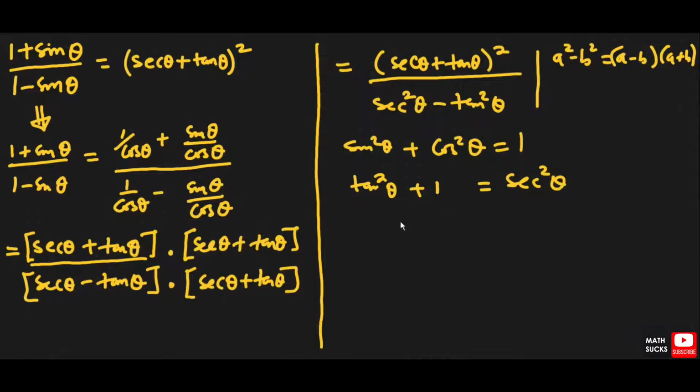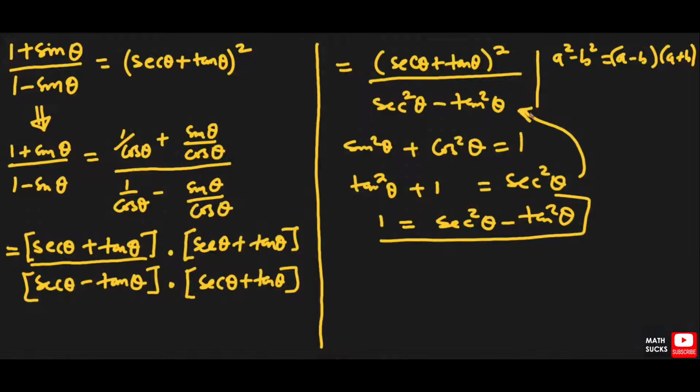And so in other words, if I take tan² to the other side, it will give me that 1 is equal to sec² θ minus tan² θ, which expression is going to help us to be substituted in the denominator here.